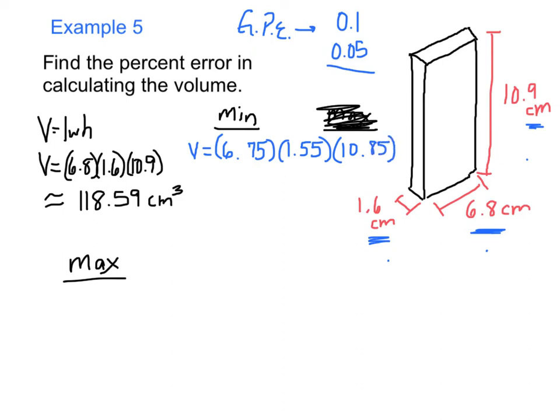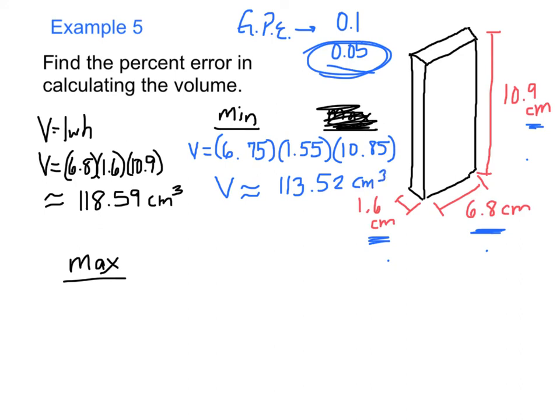This is why we're measuring everything to the nearest hundredth, because up here, that's our greatest possible error. So 6.75 times 1.55 times 10.85 gives approximately 113.52 cubic centimeters.